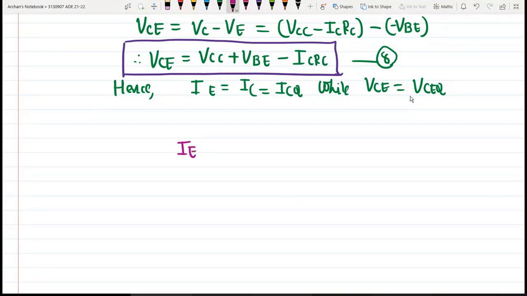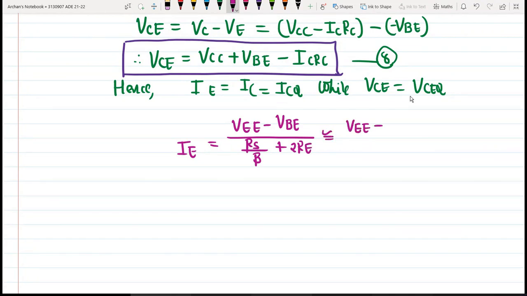IE is equal to VEE minus VBE upon RS by beta plus 2RE, which is then reduced to this equation: VEE minus VBE upon 2 times RE.